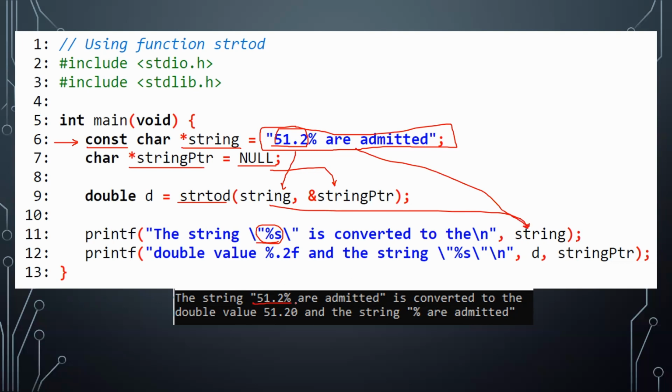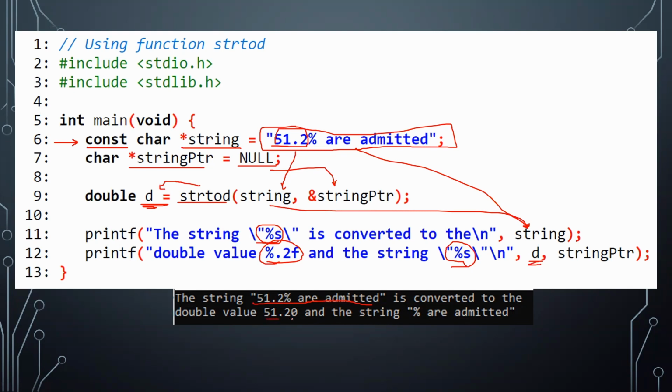The string 51.2% R admitted. That's the original. Double value of, here we're giving it a float, and the string %s. So %.2f, float, 2 decimal places. I'm sending it D. D is what was returned from my string to double.